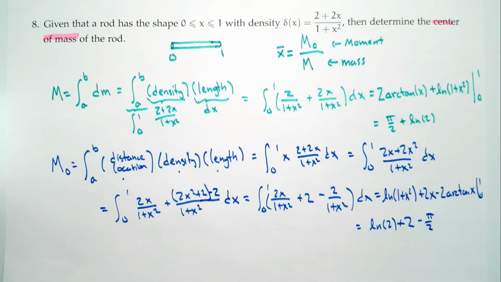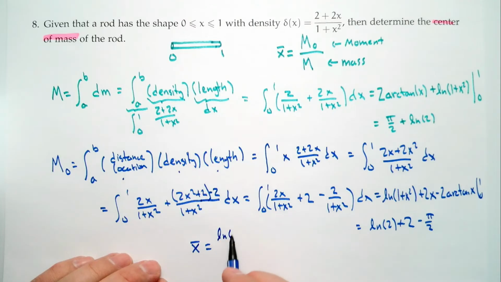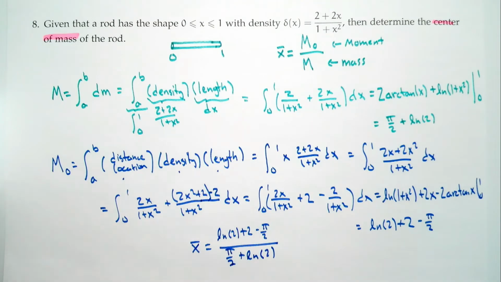Now, that is also not our answer, but now we're ready to write our answer down. So our center of mass, take our moment, natural log of 2 plus 2 minus pi over 2, and we divide that by our mass, pi over 2 plus natural log of 2. Okay, now what?